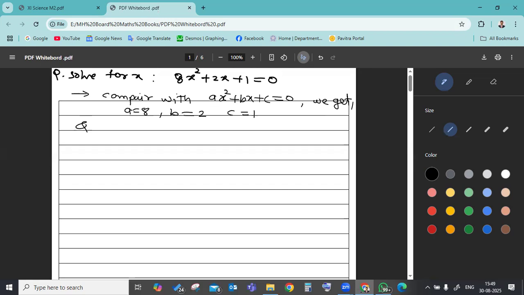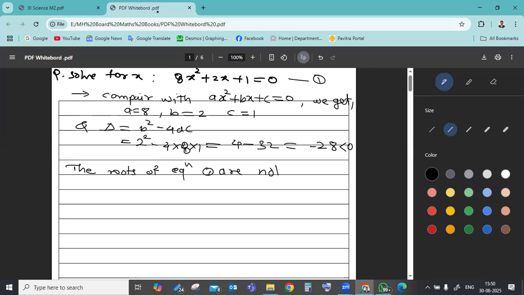And delta, b square minus 4ac, equals 4 minus 32, which is minus 28, less than 0. Thus we came to know the roots of this equation are not real, right? Is it okay?